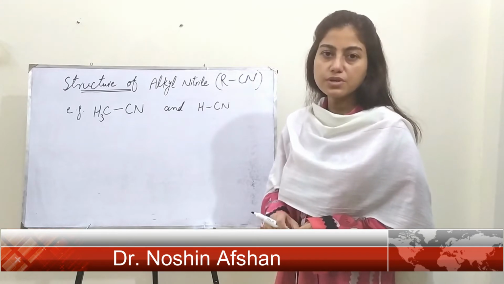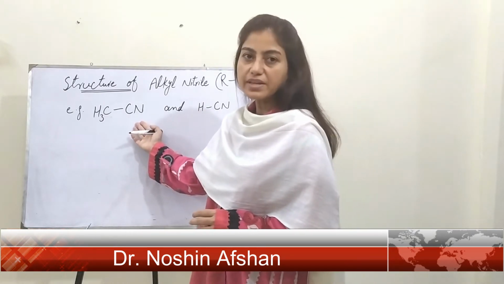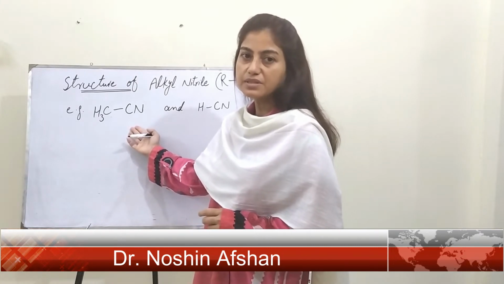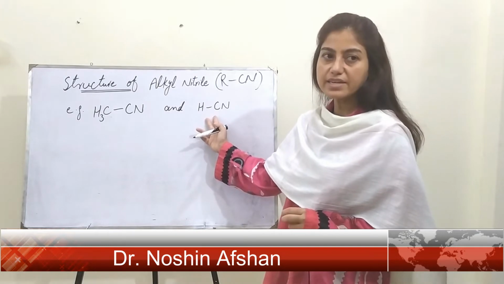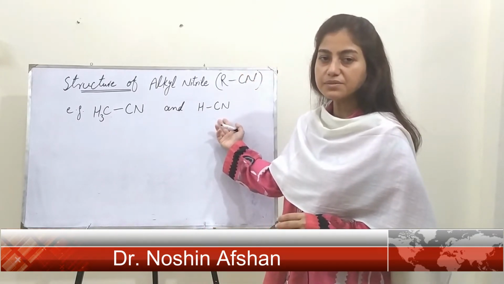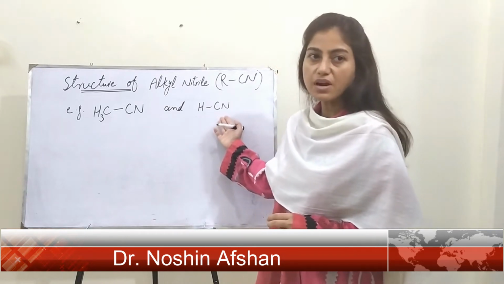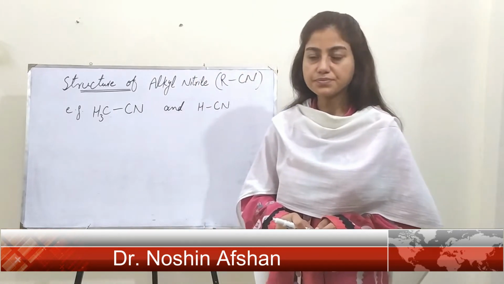But prior to starting this example, we will discuss the structure of hydrogen cyanide molecule, because this is a simple example and we will start from the simplest case to the complex structure.